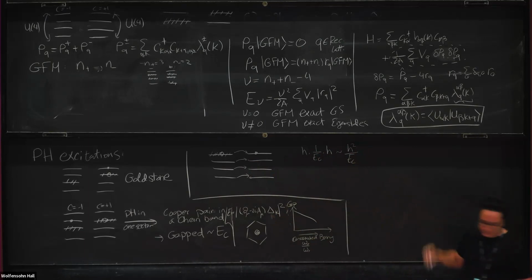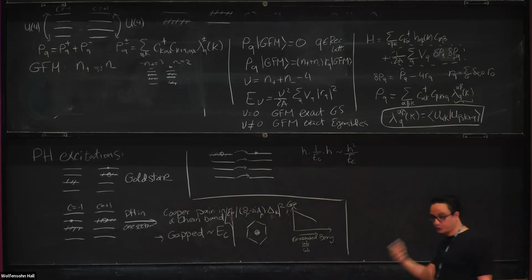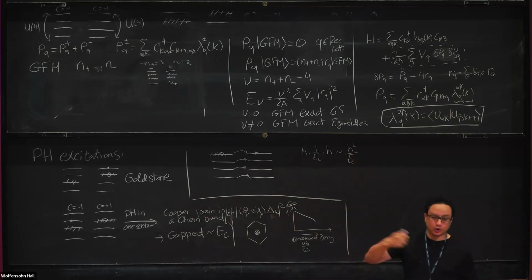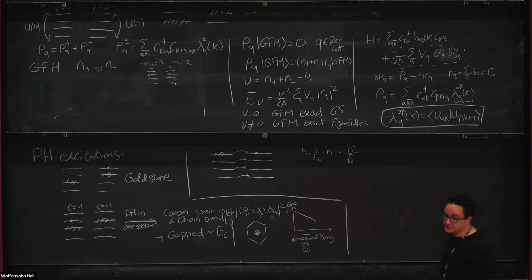And this should remind you of the superexchange in the Hubbard model, which comes also from adding perturbatively dispersion or hopping to a strongly coupled model, and you get the perturbative correction that is t squared over U. And these t squared over U corrections, or these h squared over E_C corrections, in the real space Hubbard model, they're antiferromagnetic.